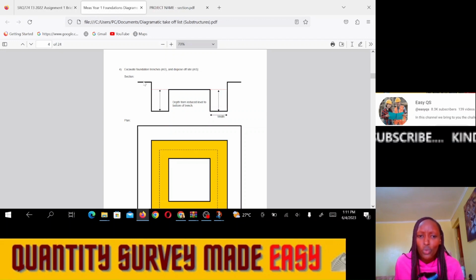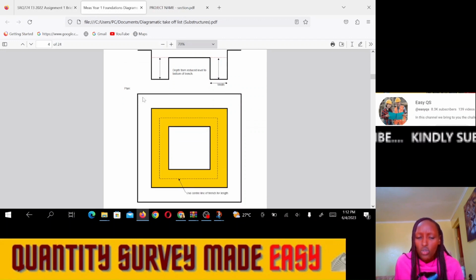Remember, the whole site was at this level when we were getting to site. We removed the topsoil, it took the topsoil level. We reduced the level. So the whole site, you see this whole site, it's the full extent of the site boundaries. But now, where the building is occupying, this bold line that is shown here, this yellow area, all this building inside this bold line is at a lower level than the ground level.